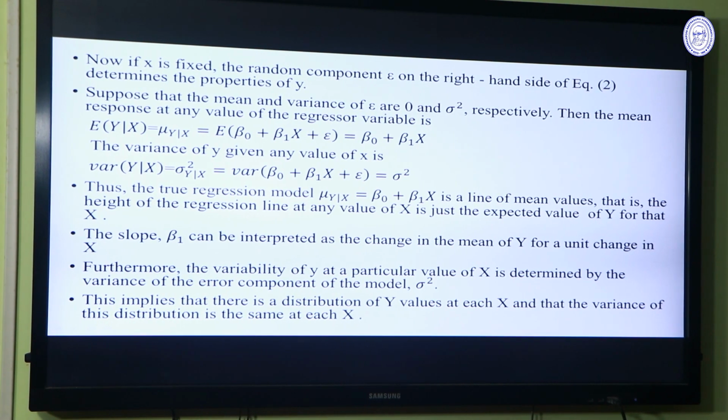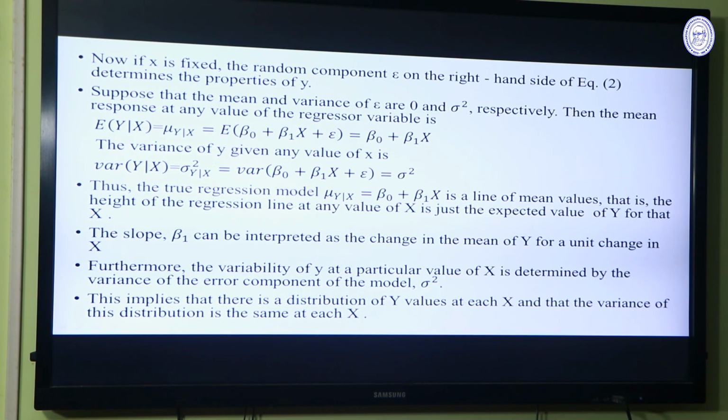Now, the slope of the regression line, that is beta 1, can be interpreted as del y del x, that is for 1 unit of change in x, how much change will happen in y, which will be represented by beta 1. So, this is the marginal effect. Since we have constructed the linear regression model, the solution is very easy.